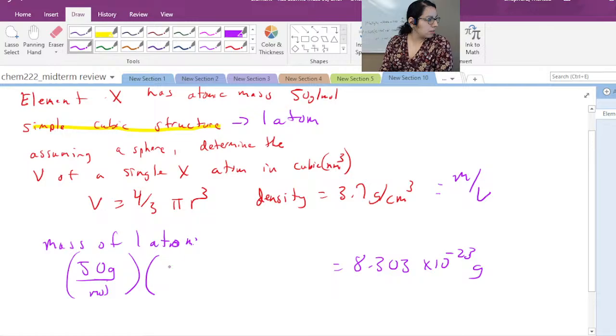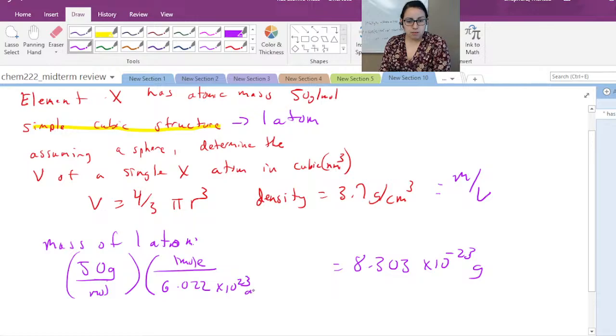That sounds good. I'm just setting up the calculation so you can see: we're taking our moles divided by Avogadro's number to go to individual atoms, and that should be what you get.